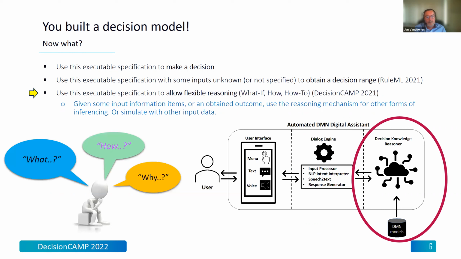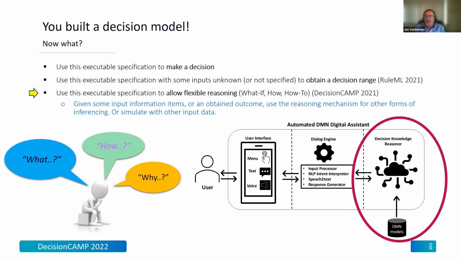Yeah. Third thing, and I talked about it last year at DecisionCAMP and also at RuleML, some more flexible reasoning. If you have some input data, you can make a decision. Then you can change one of the input data and ask, what if I would change this value? What is the result now?